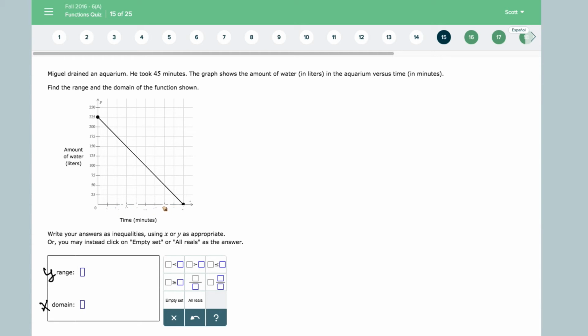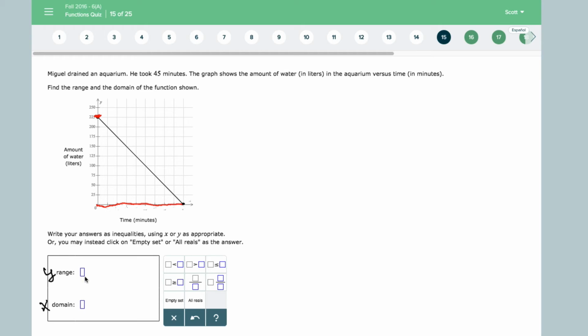Okay, they're all gone. So let's look at where we start. Where's our lowest range? Well, it goes all the way down to here. So what is the lowest number? Just follow it over. It goes all the way down to 0. Because those numbers don't exist right here, right? So all I have is this number line. And it goes all the way down to 0. And it goes all the way up to 225.